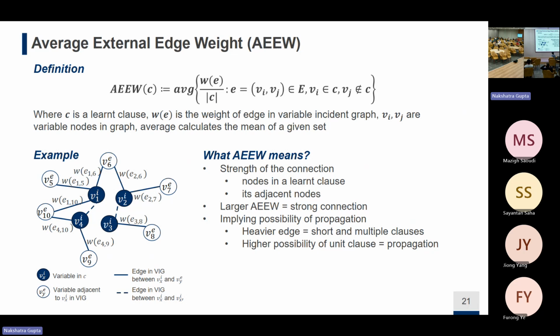So we decided to use this instead of the number of communities. But they had one metric also based on the community structure, and they also used that in an isolated manner. So what's the difference between that metric and your metric? The difference between the number of communities and this one. Yes, they proposed to use the number of communities, and this AEW measures the weight of the edge, not the number of communities. Ah, okay. Thank you.